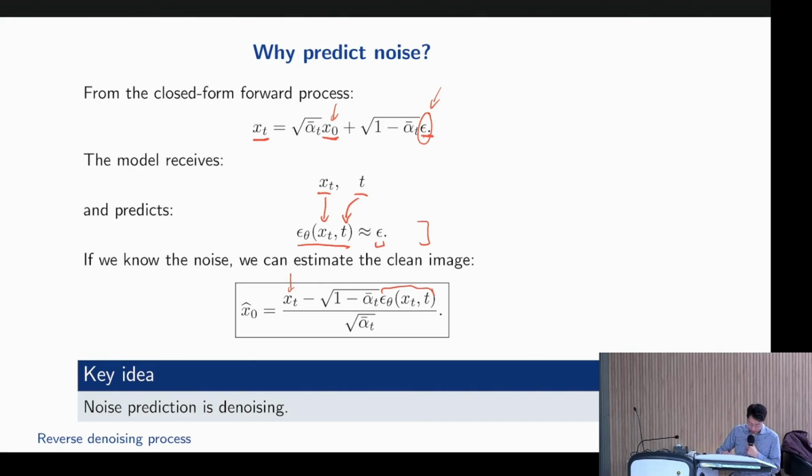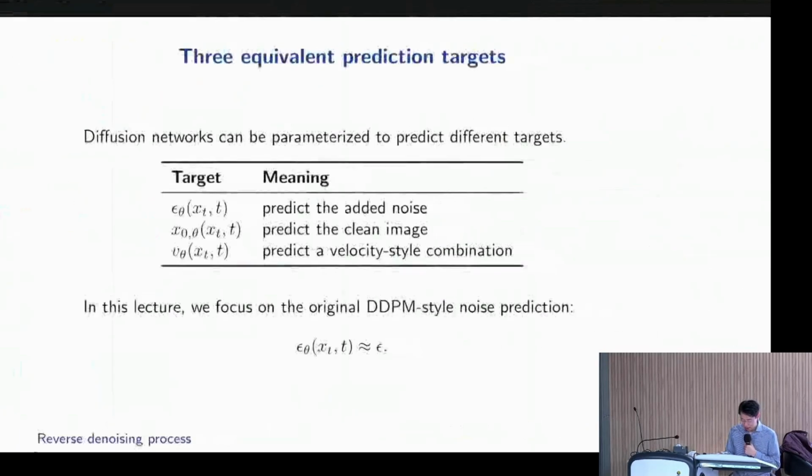So noise prediction is actually denoising, because xt and x0 are related with this formula. There are many parameterizations. They are all pretty much the same.